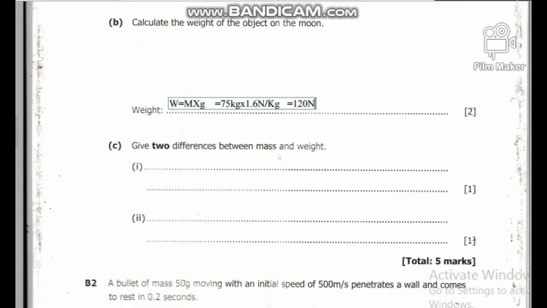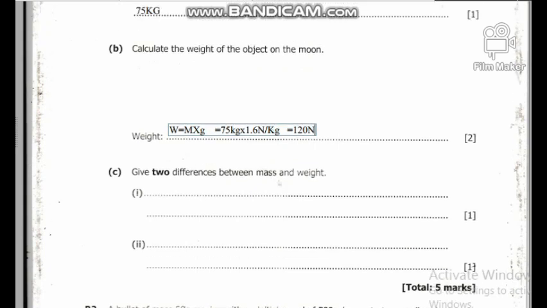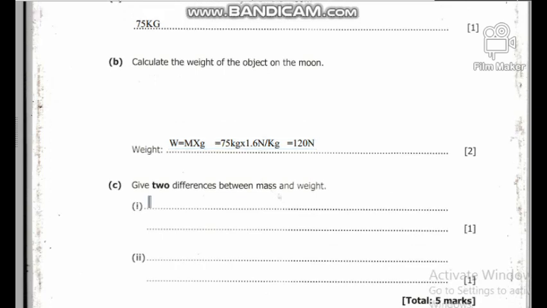Okay, let's come to our next question, which is: give two differences between mass and weight. Like I've said, the first one, we're going to say mass does not change according to places, while weight changes from place to place.